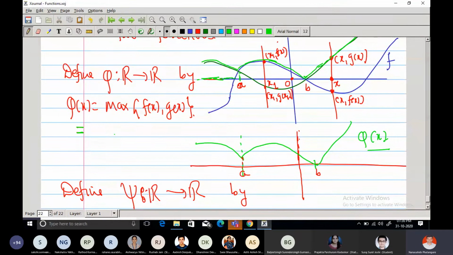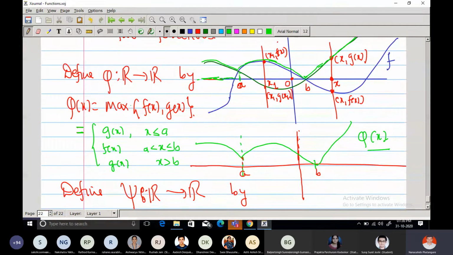So if x is less than or equal to A, what is it? g(x), right? And if A less than x less than or equal to B, what is it? Same as f(x). And if x is greater than B, it is same as g(x). So this is a precise way to say what phi(x) is in this particular graph, not in general.